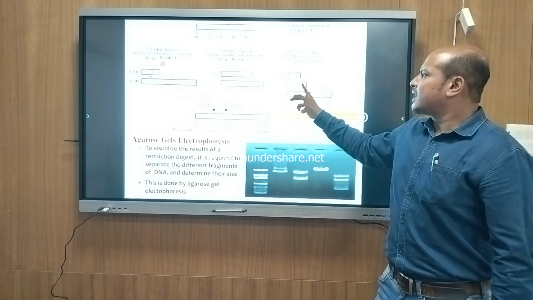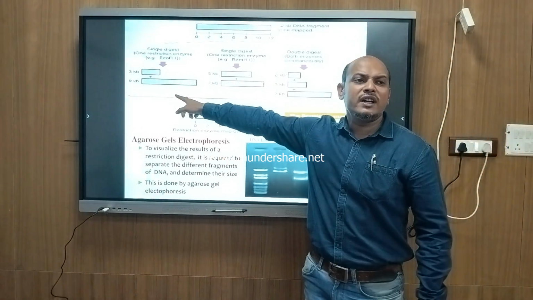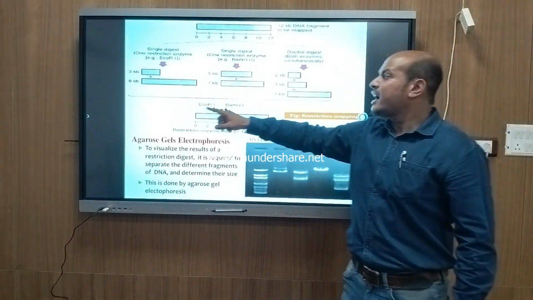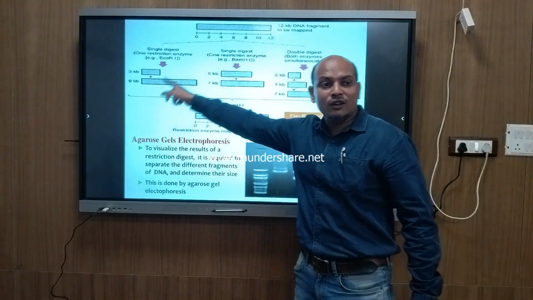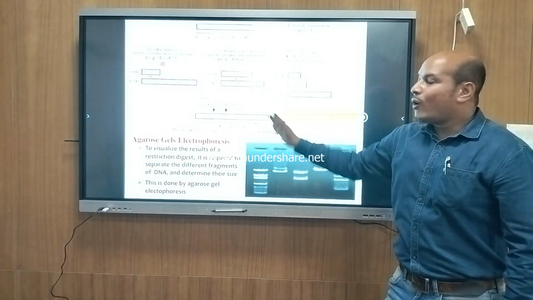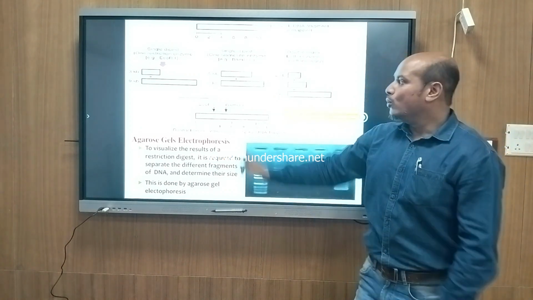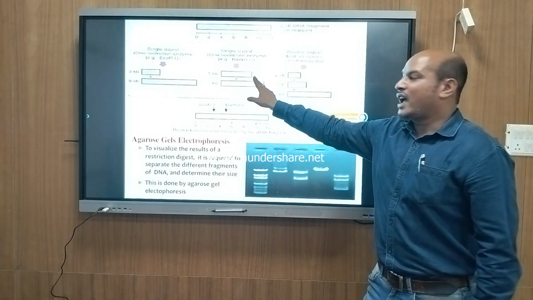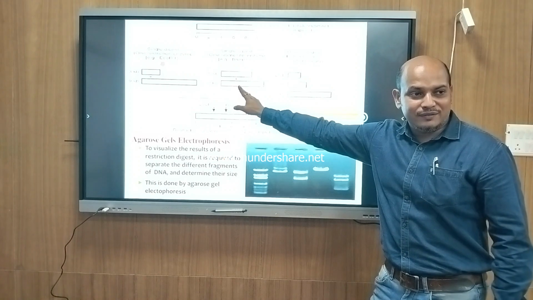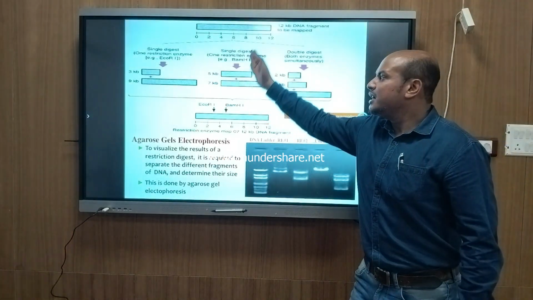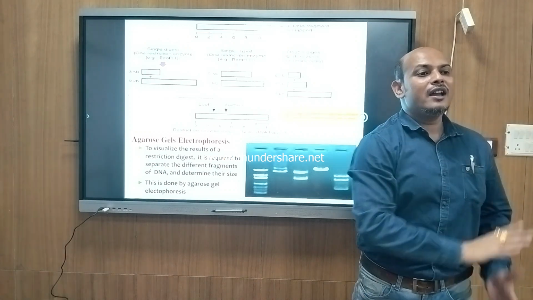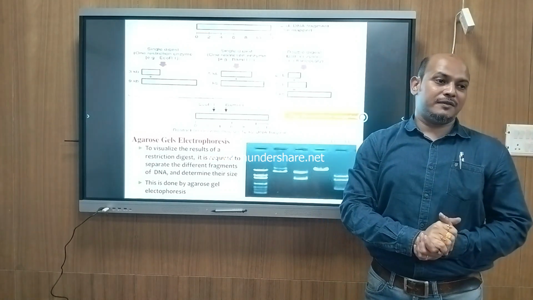Again, on comparing this combinatorial digest with the EcoR1 digestion profile, we find that the 3 kb fragment is persisting over here, like that of the EcoR1. Now, what does it show? It shows that the 5 kb fragment produced by the BamH1 digestion is intervened by an EcoR1 site.